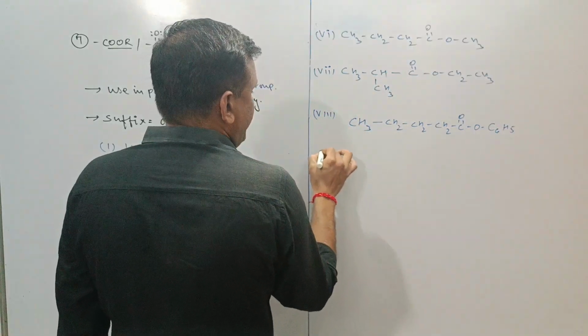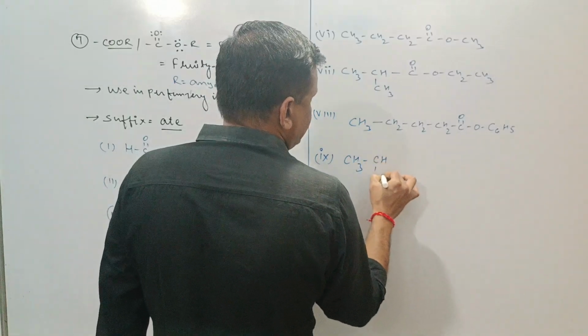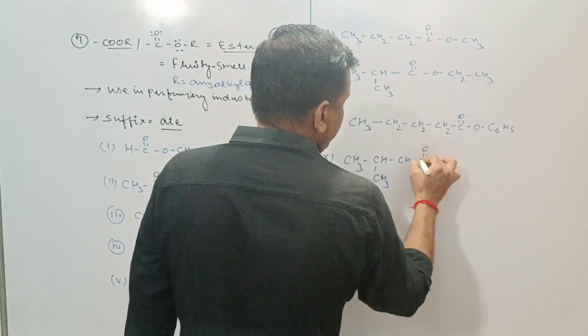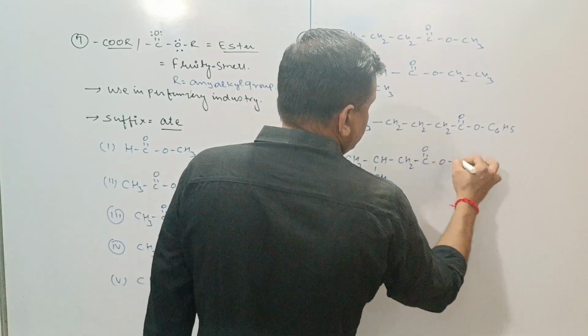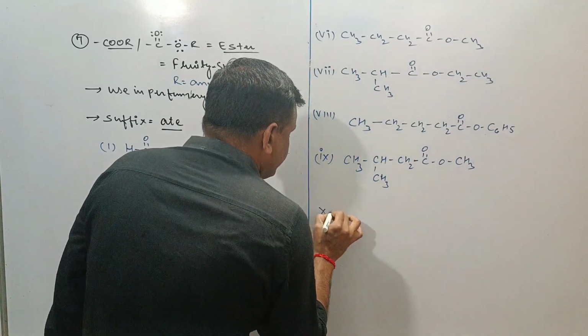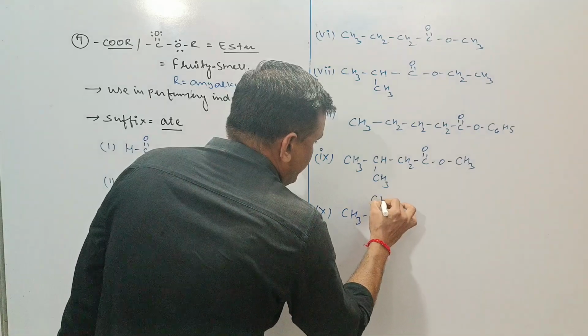Here is your ninth compound, CH3CHCH3CH2COOCH3. The tenth is CH3COCH3.